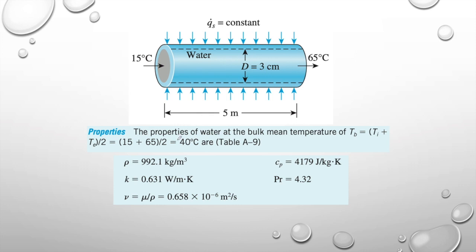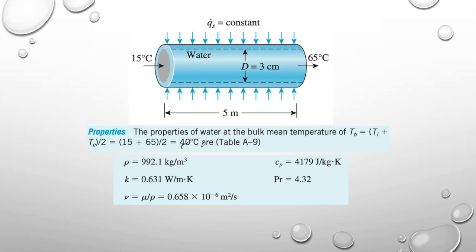So from here, we have to find what are the properties of water. The properties of water will be evaluated at the bulk mean temperature, where the equation for the bulk mean temperature is Tb equal to T inlet plus T exit divided by 2. So we have 15 degrees for T inlet and 65 degrees Celsius for outlet. We must sum up these two values and then divide by 2.